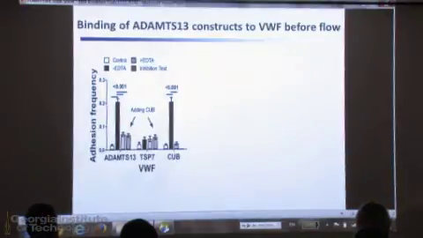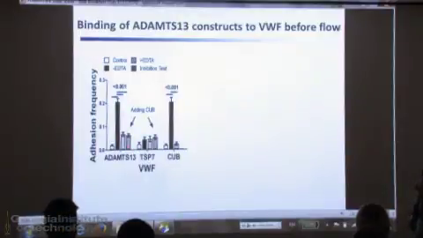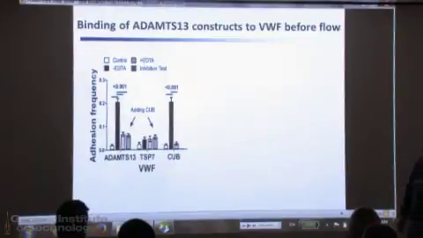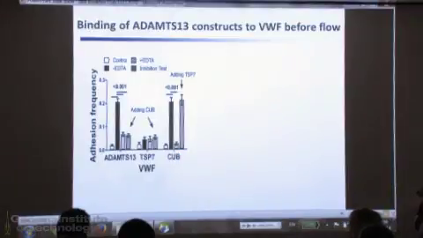If you add CUB domain to the solution in your AFM experiment, that would block the binding site on the VWF. So then ADAMTS13 on the surface would not be able to bind, and that's the reduction here, right? Also the reduction here: the CUB domain in the solution blocks binding. But if you use TSP7 in the solution, that does not block, right? So that's all making sense.